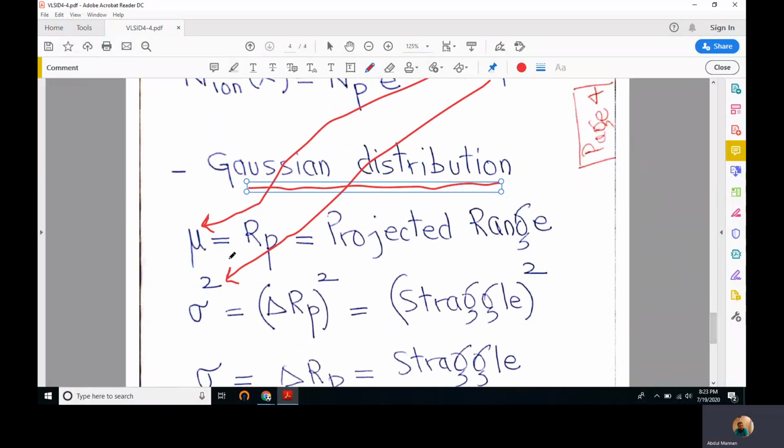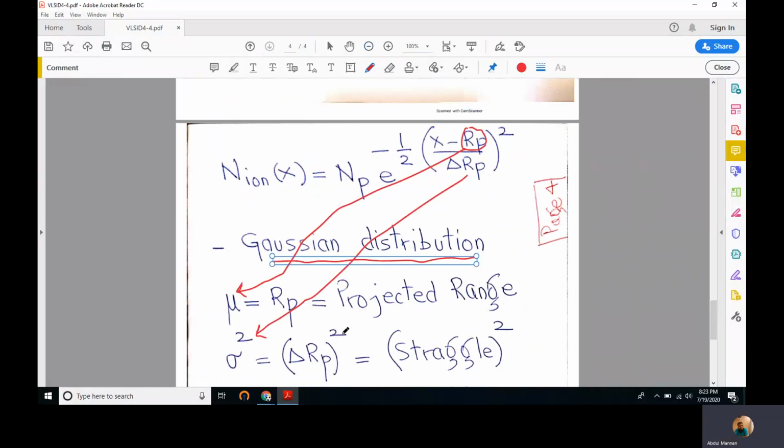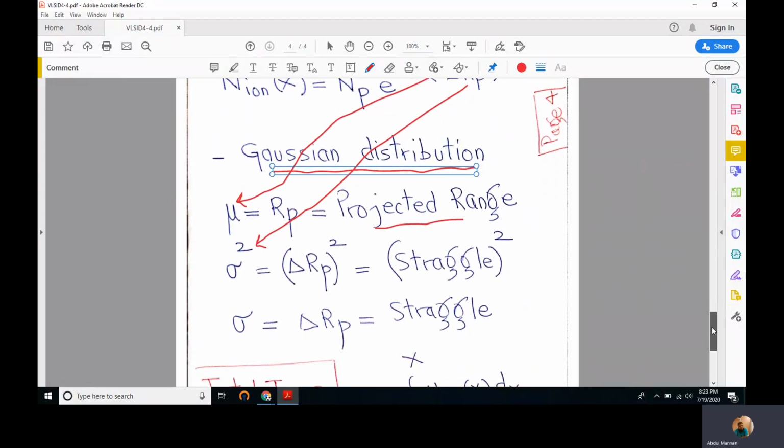So Rp, that is the mu or mean, is also called the projected range, and the standard deviation, which is the square root of the variance, is also called straggle.